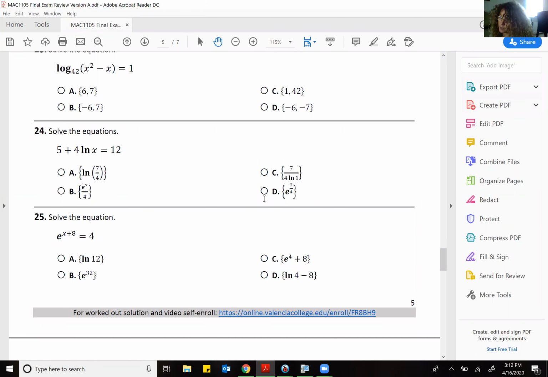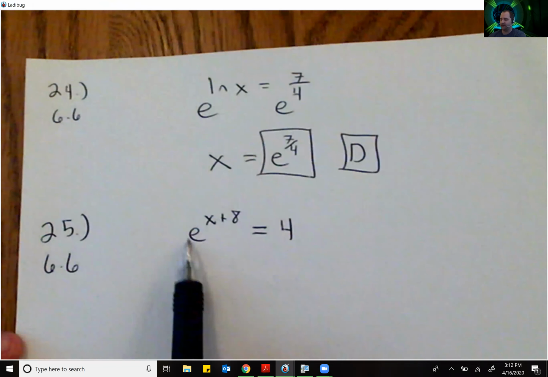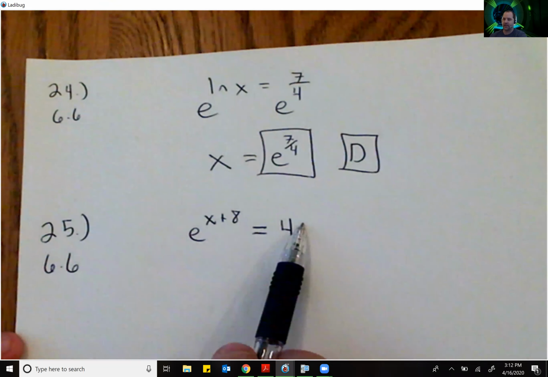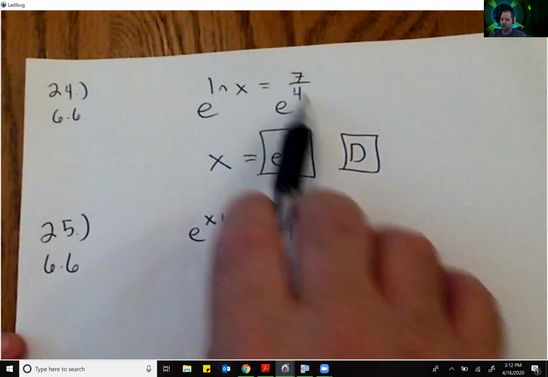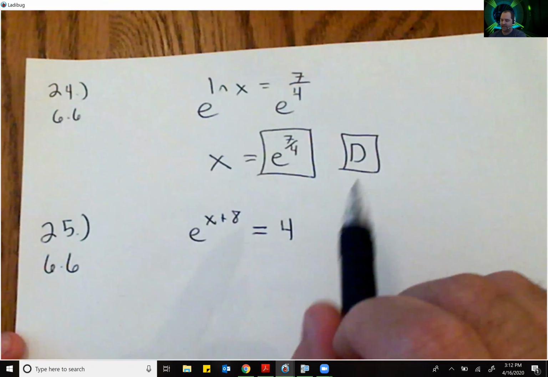Not bad. Number 25. Again, another 6.6. We got this e to the x plus 8 equal to 4. So this is an exponent. It's going to be just like what we did in number 24. The exponent is by itself.